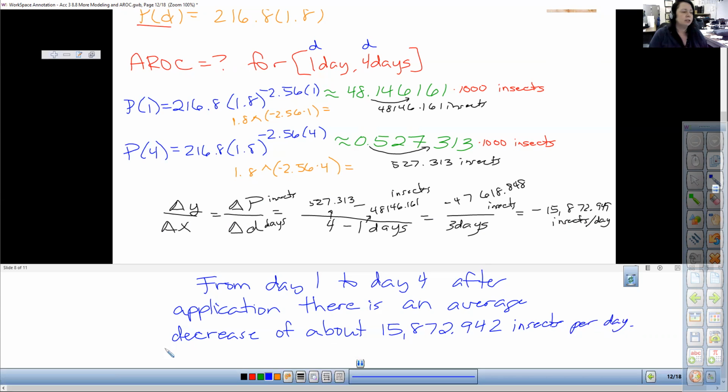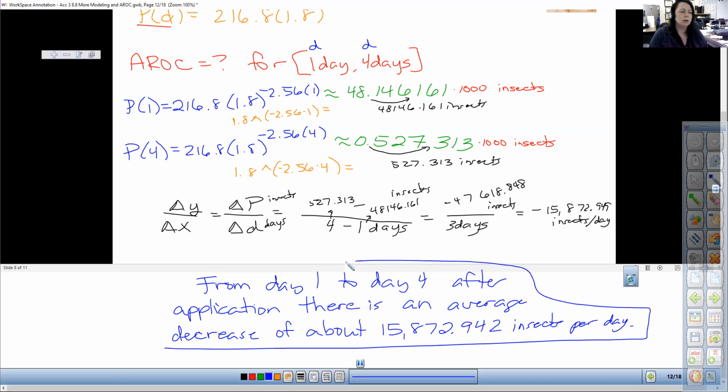So on average, during that time period, there was a decrease of not quite 16,000 insects each day.